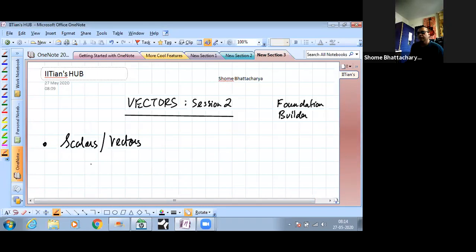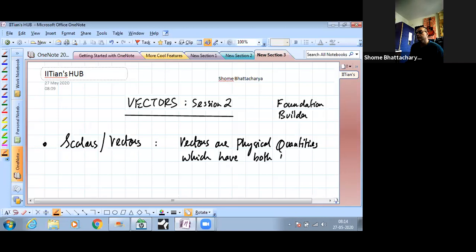So we had understood that vectors are physical quantities which have both magnitude and direction. Whereas scalar quantities have only magnitude and no direction.